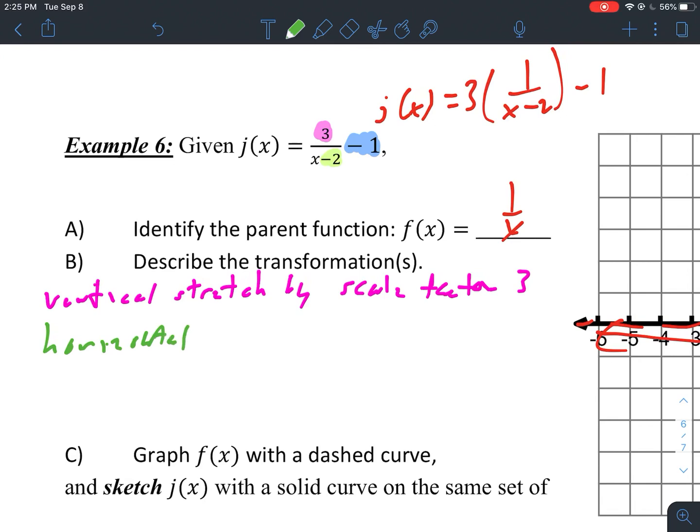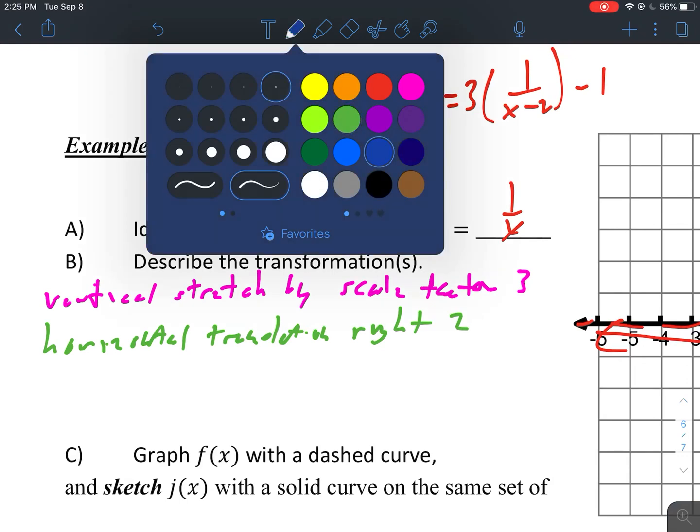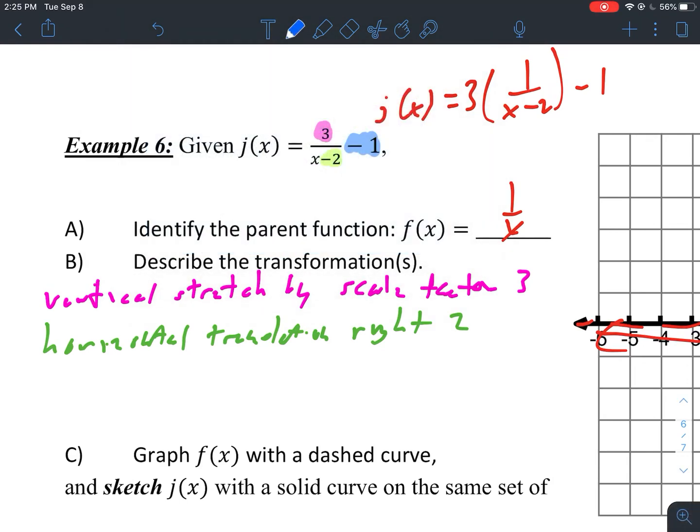Because it's inside the function. And since it says x minus 2, it's going to be right 2. And then the -1, since it's outside the function, is a vertical translation. And since it's minus, it's going to be down 1.